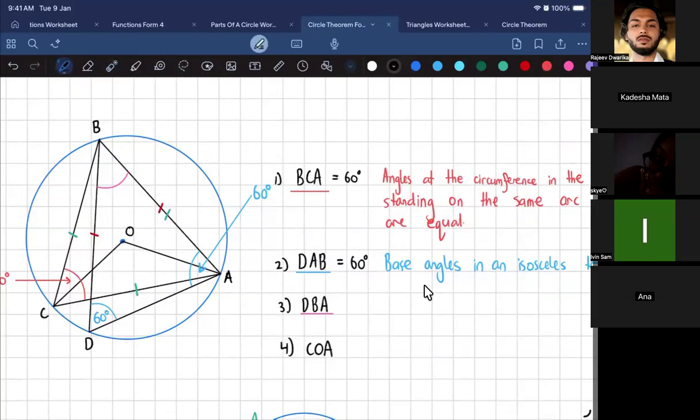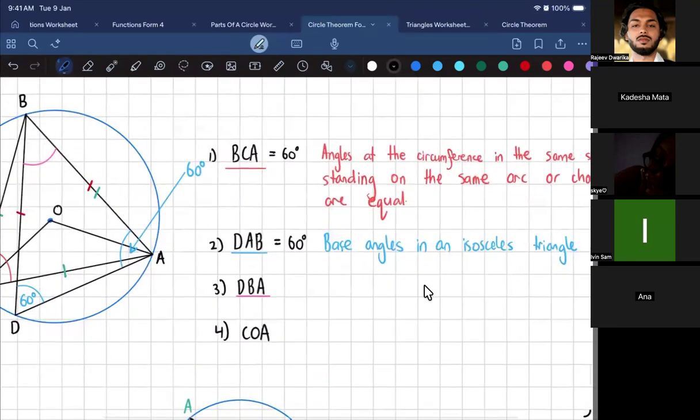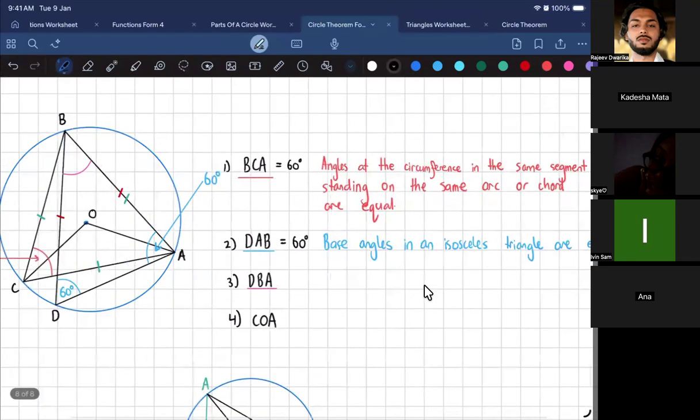I come up with this question, so I didn't draw the question to scale. I made a mistake when drawing the diagram, but we could figure it out, right? So this would also be equal to 60 degrees, because 180 minus 60 plus 60 is equal to 60 degrees, right?